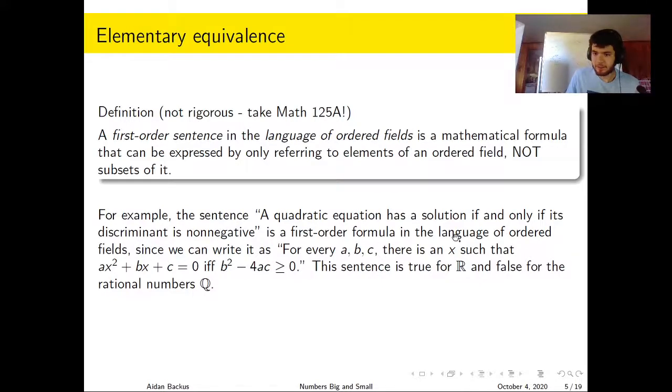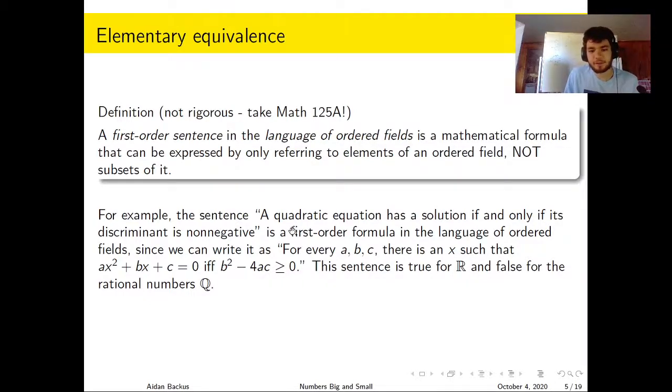This did not refer to any sets. It just referred to the numbers and the operations plus, minus, times, divide, the order that we gave them, and the numbers 0 and 1, because you can just write 4 as 1 plus 1 plus 1 plus 1.